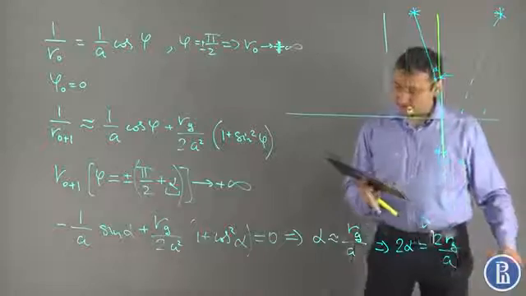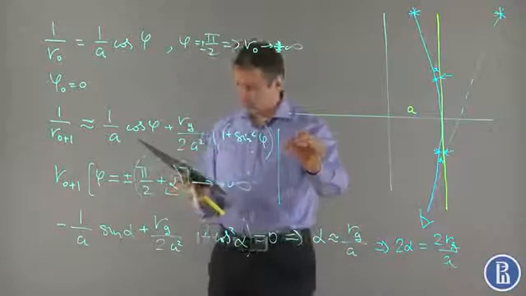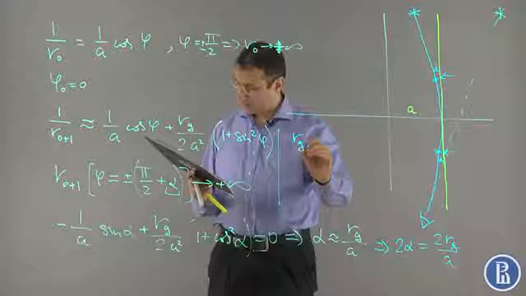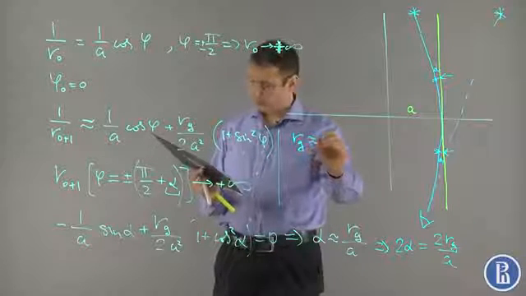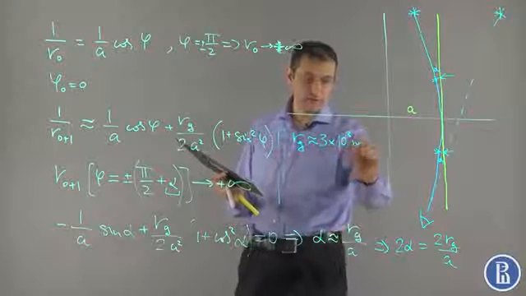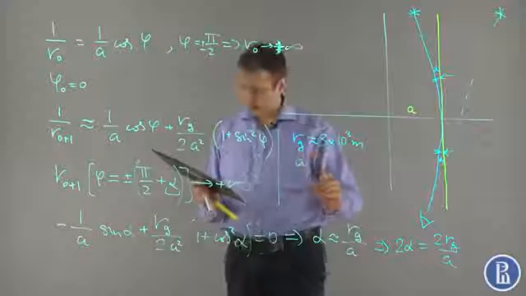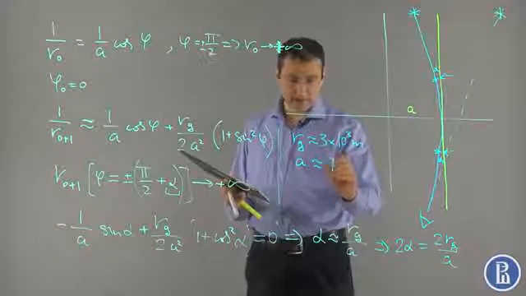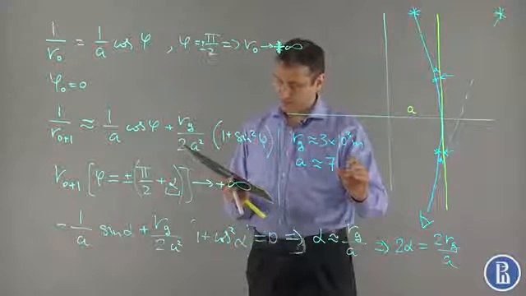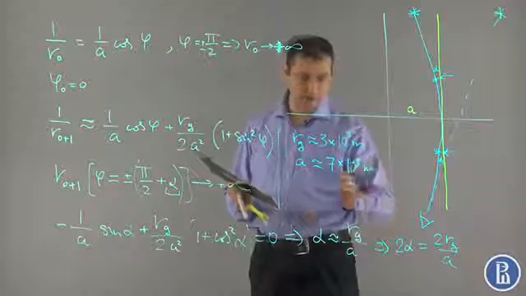Now, for the case of the sun, Rg for the sun is approximately 3 kilometers, 3 times 10 to the third meters. At the same time, its actual radius is approximately 700,000 kilometers, which is 7 times 10 to the 8 meters.